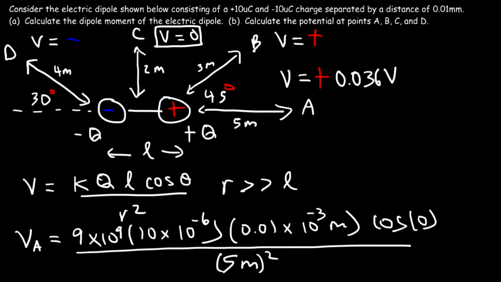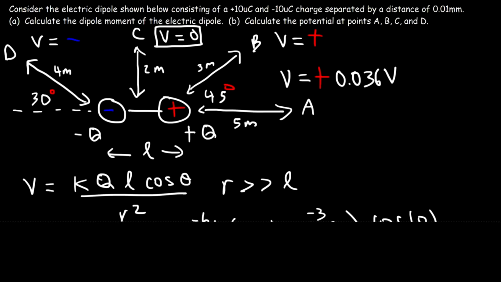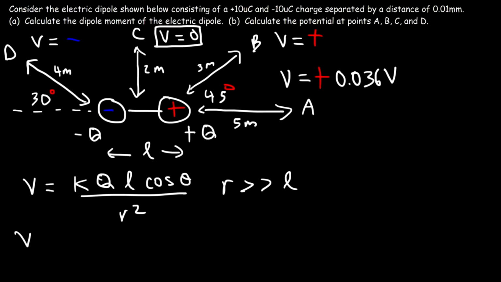So now let's do the same thing for part B. K is going to be the same, Q is going to be the same, and L is going to be the same.